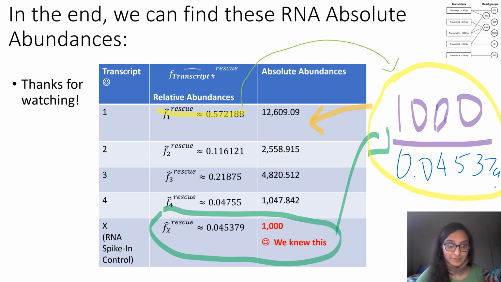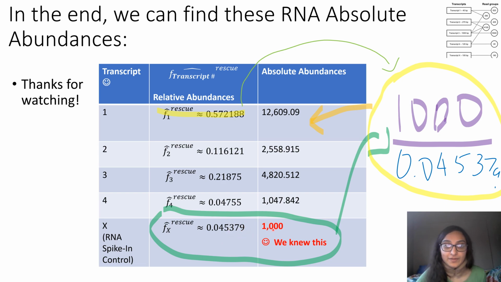I'll explain again. We knew going in that we put in 1,000 transcripts of X. We knew this ahead of time. From the previous part, from our bipartite graph, we figured out these relative abundances. The relative abundance of transcript X, and again these add up to 1, is 0.045379.